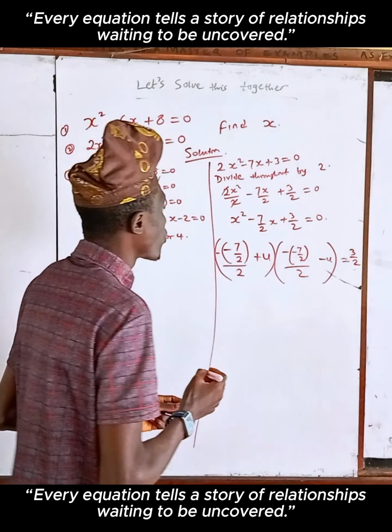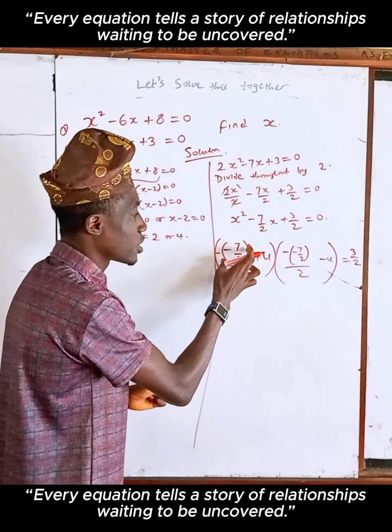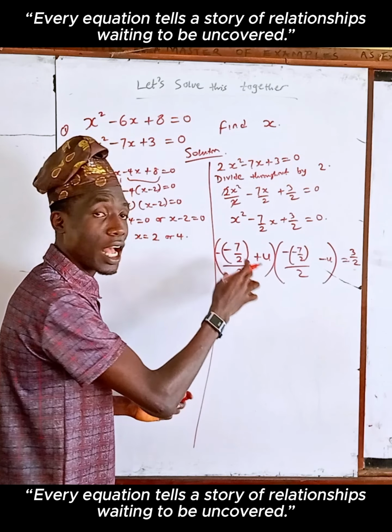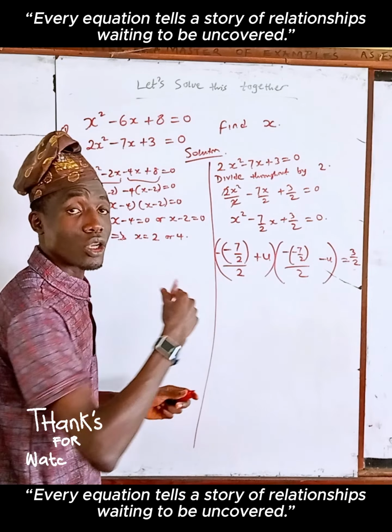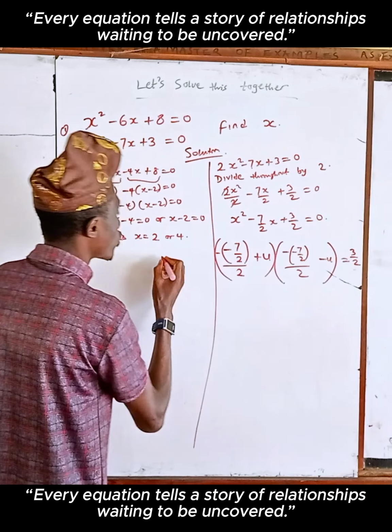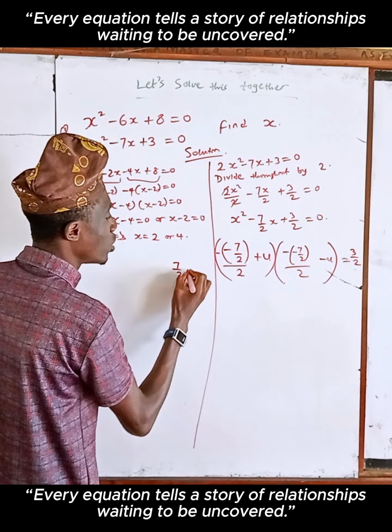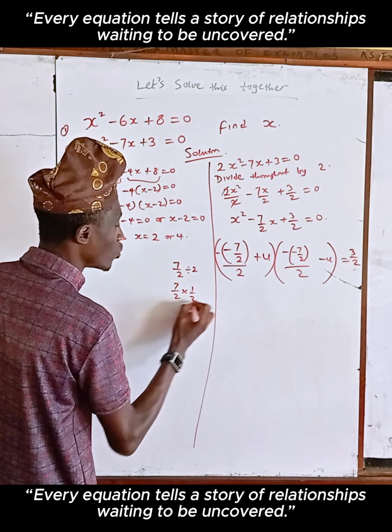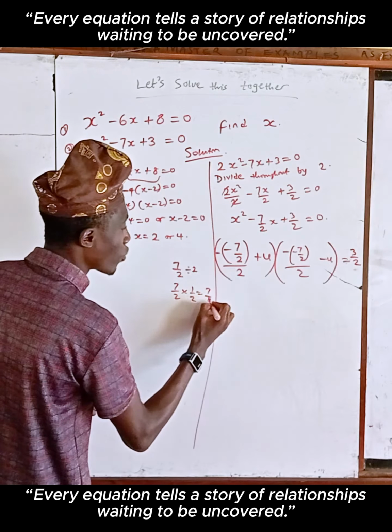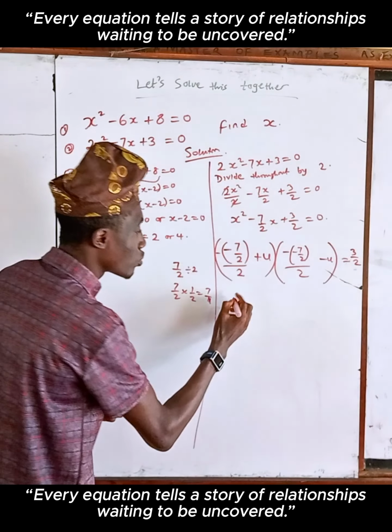Now from this place, we check it very well. Let's simplify this particular fraction and turn it into a single fraction. That is, minus times minus will automatically turn to plus. So we have 7 over 2 divided by 2, which is 7 over 2 multiplied by 1 over 2, which is 7 over 4. So all of this will now turn to 7 over 4 plus u.